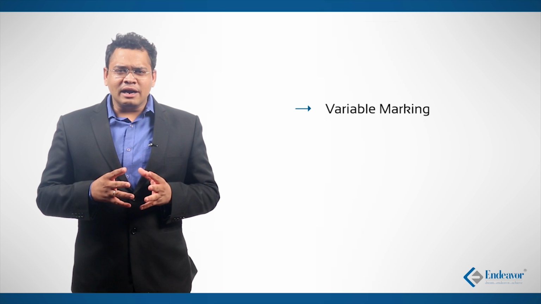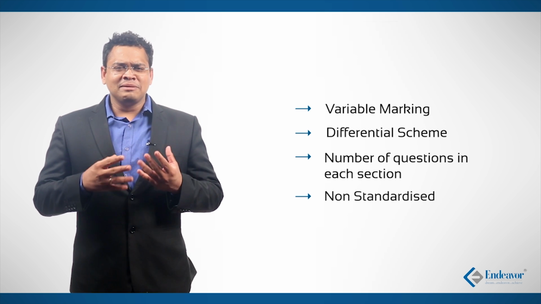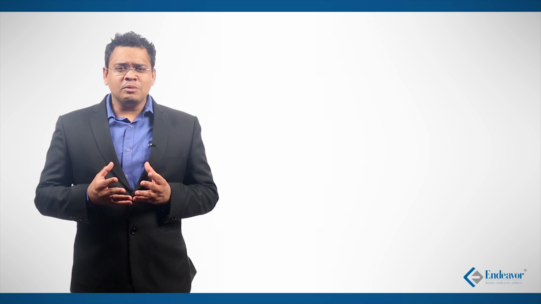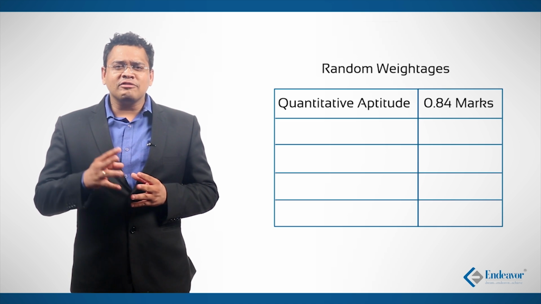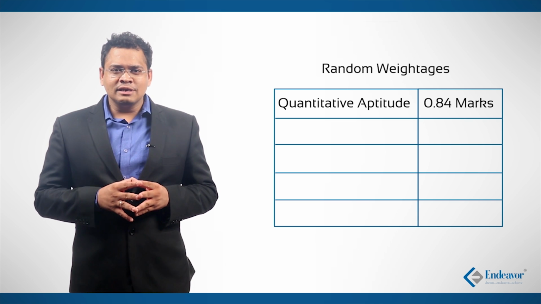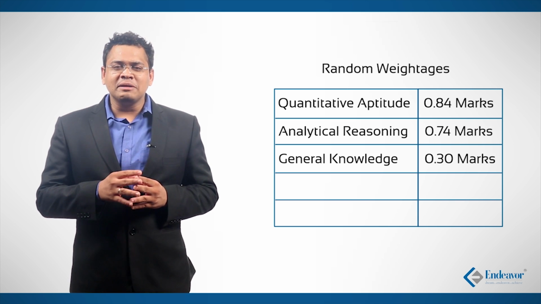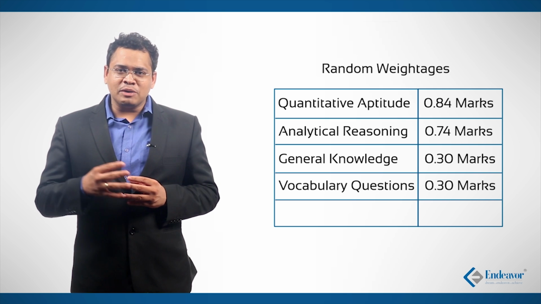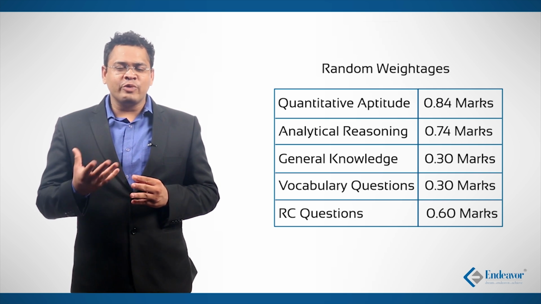It has variable marking, differential schemes, number of questions in each section, extremely non-standardized. Say, we've had papers where each question of quantitative aptitude was 0.84 marks, analytical reasoning was 0.74 marks, GK was 0.3 marks, vocabulary based questions were 0.3 marks, RC questions were 0.6 marks, and some random weightages.